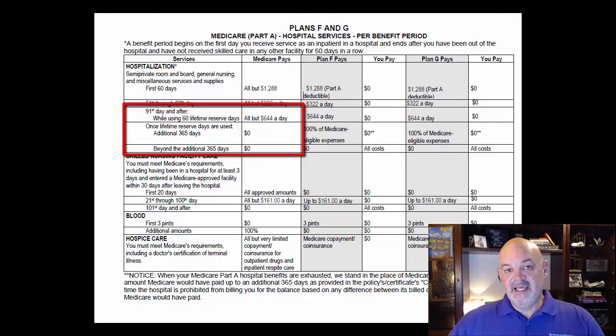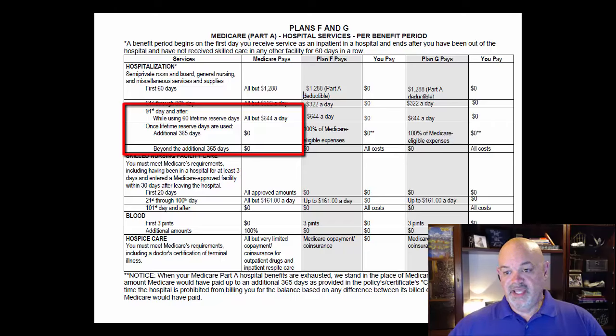You have 60 days that you can use, and that is if you go past 90 consecutive days in a hospital. Now, that is very rare, but it does happen. And so you have up to 150 days. Day 91 through 150, you would pay $644 per day while using those lifetime reserve days.